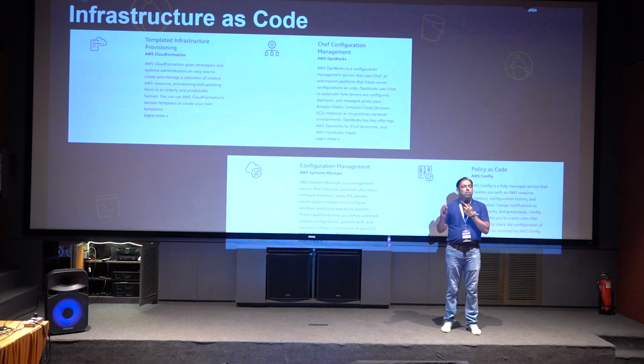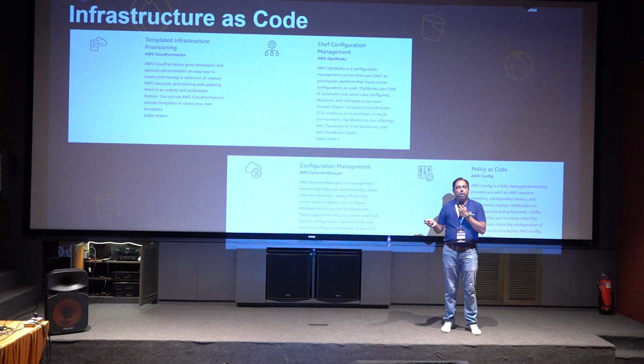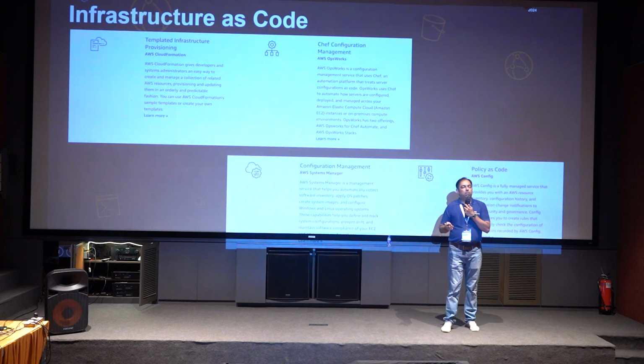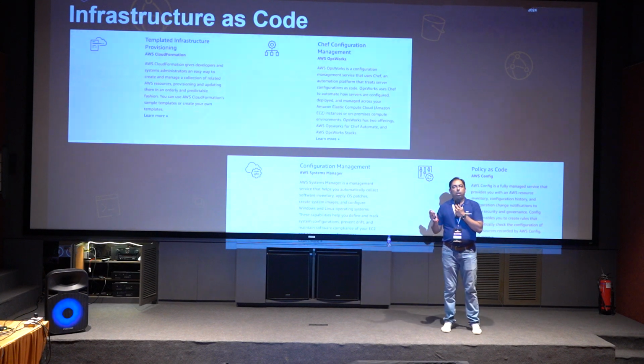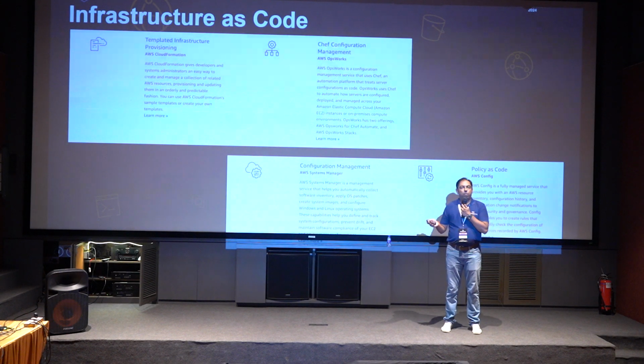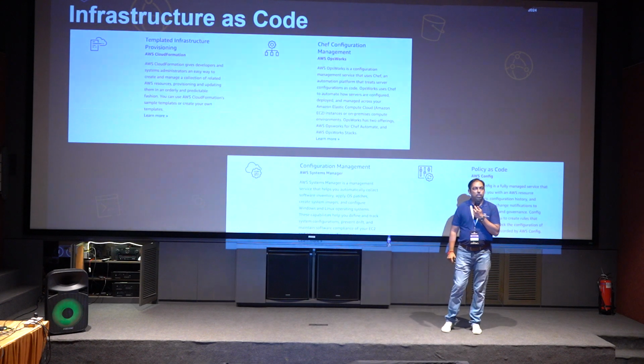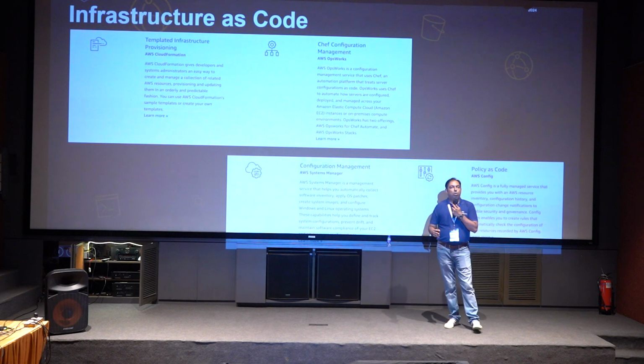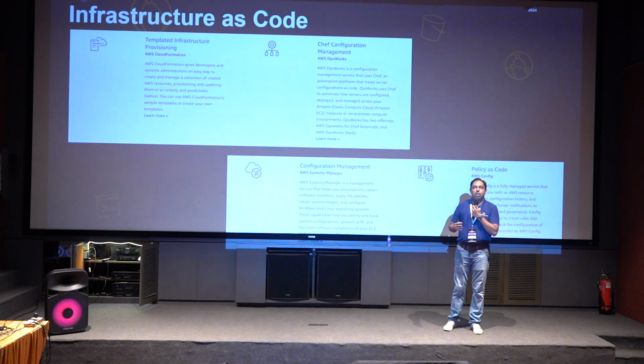You define, okay, this is how my stack should look. It could be creating the networking layer, like different VPCs, subnets, and various routes for it. Or you want to create a cluster for running different Docker images on ECS. So depending on your requirement, you can create a JSON.